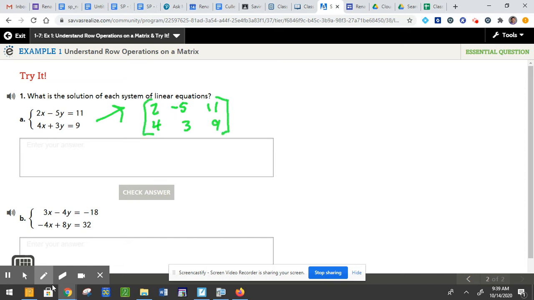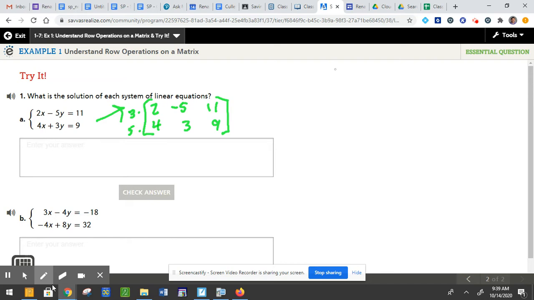And our goal is, again, to get it to go 1, 0, 0, 1, and then whatever's over here will be our solutions. So the first thing I would do, I think, is try to get this to be 0. So I'm going to multiply the first line by 3 and the second line by 5. That'll create opposites there that we can then add together and get a 0 in that spot.